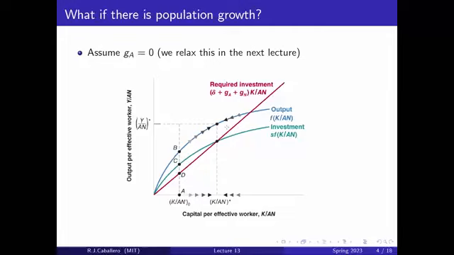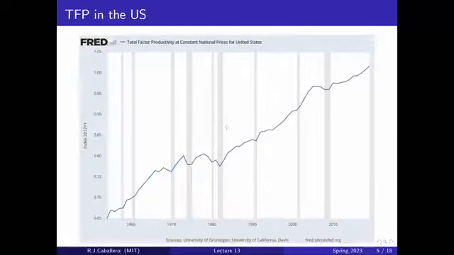Output per worker. So up to now, we don't have a reason to explain why we see that output per worker grows in most economies in the world. And the answer will be this. This is the reason output per worker can grow in a sustained manner: technology is getting better and better over time. So let's now see what this does to the model we have.